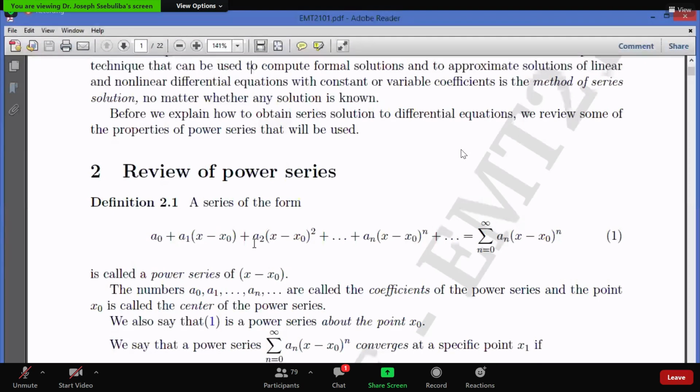So first of all, let's try to understand a power series. If we have an equation, this is a series because you can see we keep summing. So you keep iterating: you have a0, you have a1, you have a2, you go all the way up to an. And then you have x minus x0 to the power 1, to the power 2.